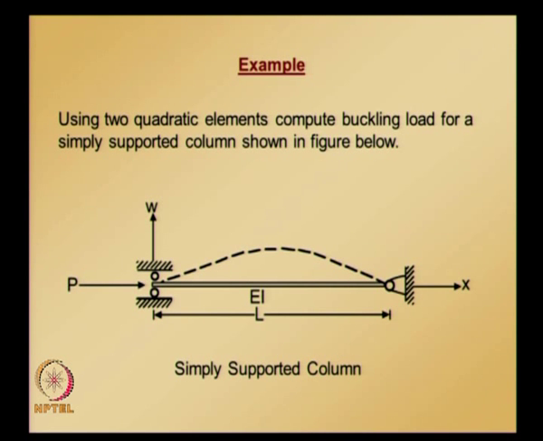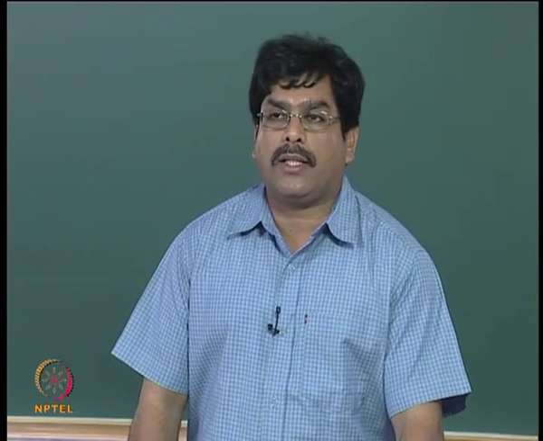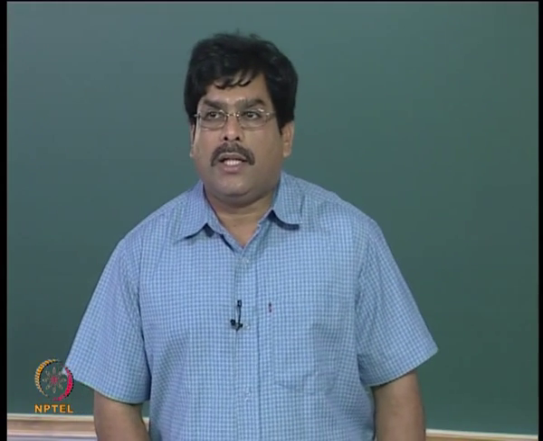When we solved this problem using linear elements, we used 5 nodes. So, we will be using 5 nodes here also, except that we will be using 2 quadratic elements, and see how solution accuracy improves.